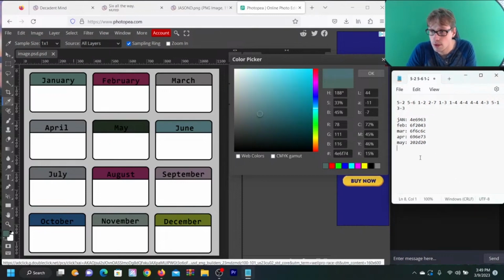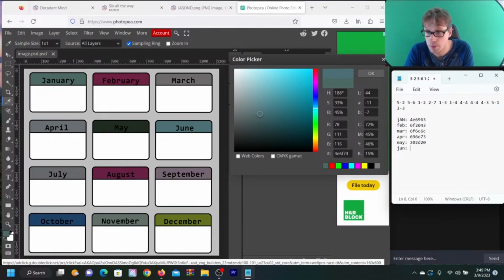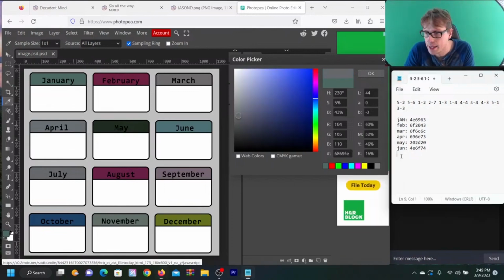June. June's an interesting shade of blue. Shorten that so I don't have to spend time writing down that E. 4E 6F 74. Blammo. July. Again, I'm not going to waste time putting that Y down.